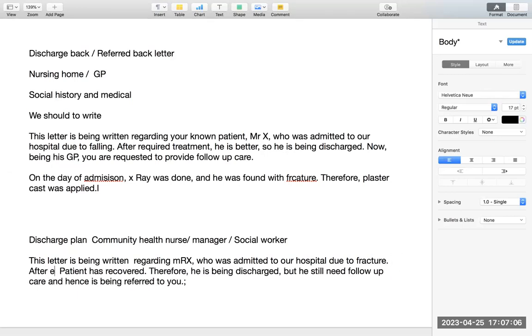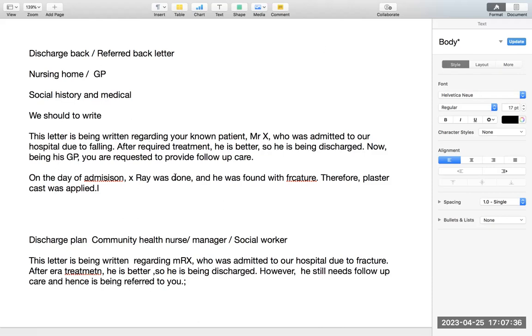After required treatment, he is better, so he is being discharged. Now it is a big line, so I will break the line. I will say, however, he still needs follow-up care, hence is being referred to you. This S is very important.